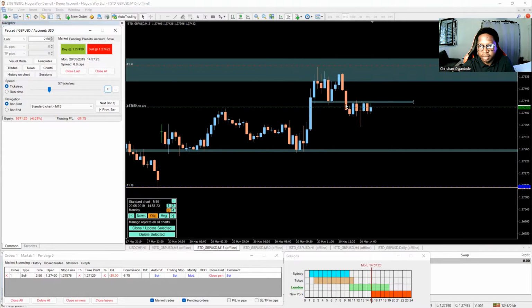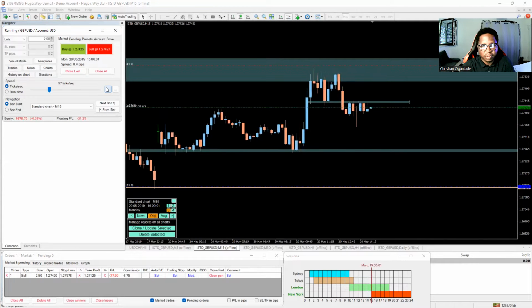But one thing that is clear is that price is not breaking back into the previous range that we just broke out from. So if that is the case, then we'll be caught in the trade. Yeah, it's getting into NY session, but we'll just see how this plays out.